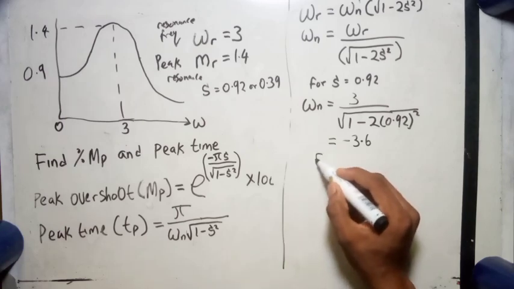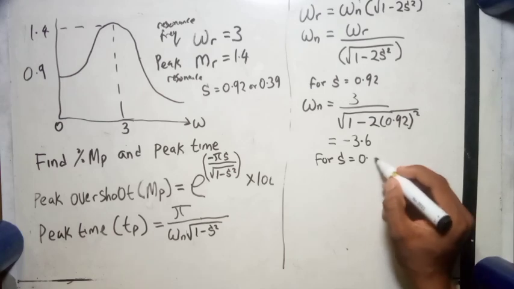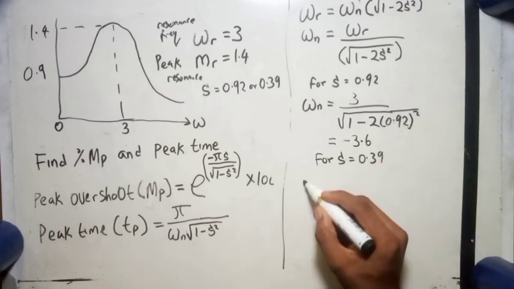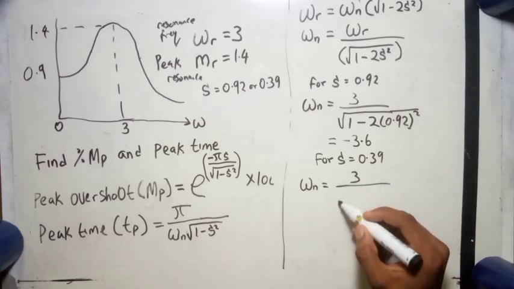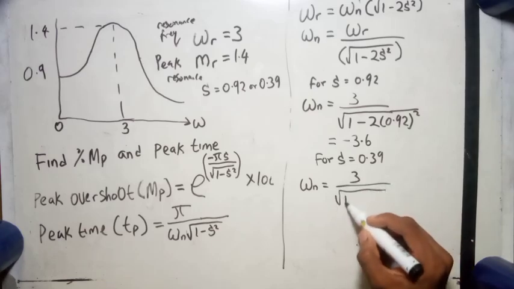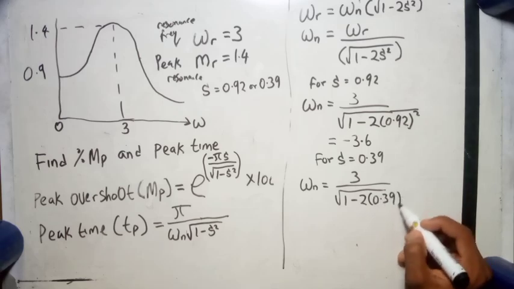So for our zeta equal to 0.39, let us see what our Wn will give us. We have 3 over root 1 minus 2 times 0.39 square.